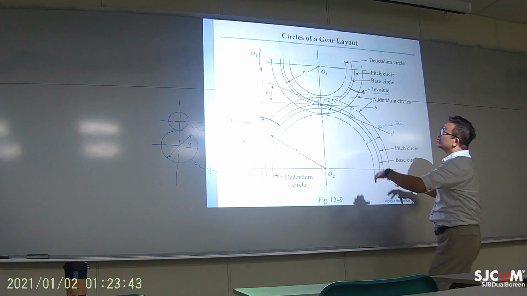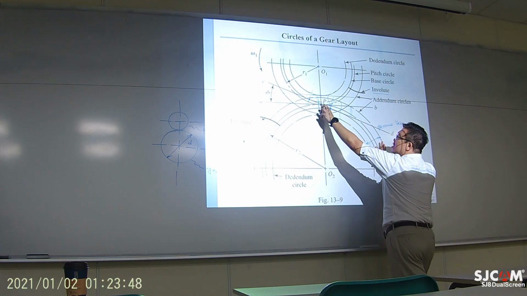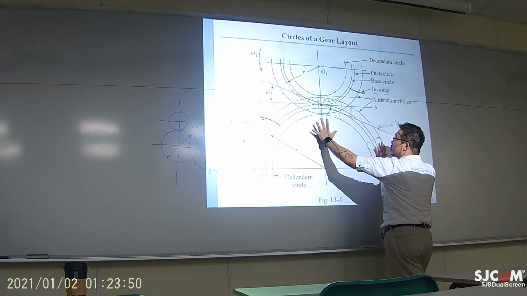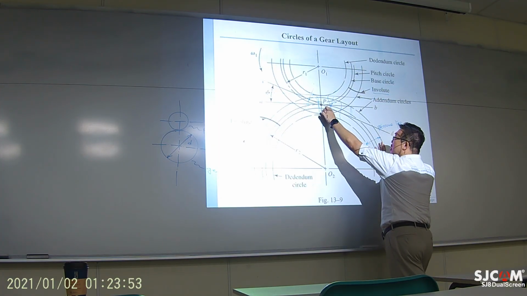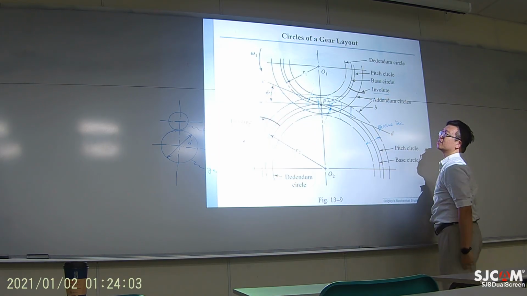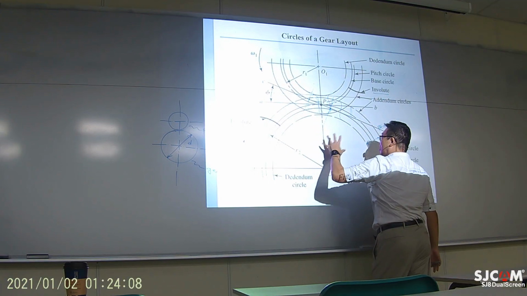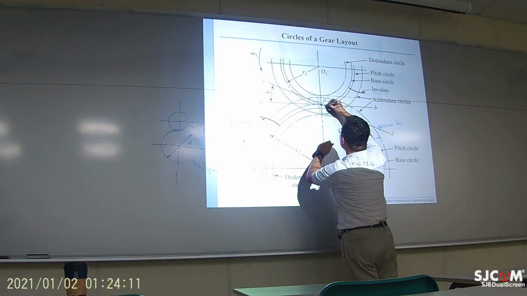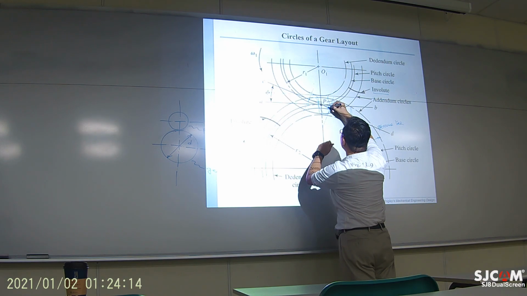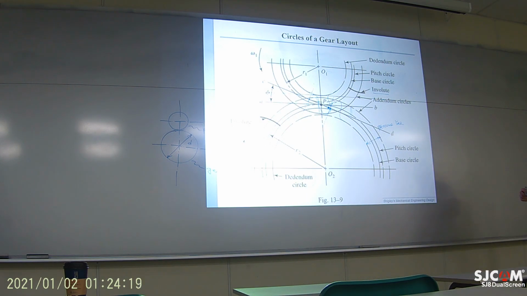Okay, so why is it designed in this way? It's designed this way so that no matter which angle your gear is at, the contact between the mating teeth is always along this pressure line. So whatever force you are generating on the other side will be passing along this pressure line.